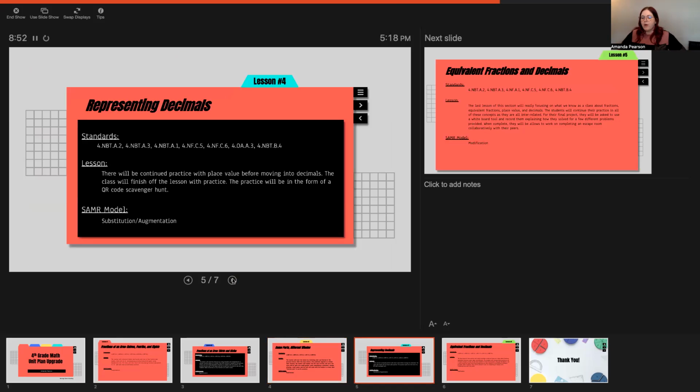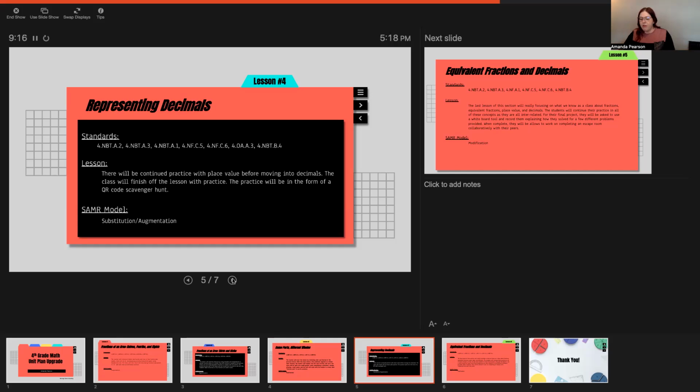For lesson 4, this would be continued practice moving into the decimals. This one would be in the form of a QR code scavenger hunt. I thought it would be fun for the students to be able to go to different places in the classroom and have different problems at each different station within the classroom.